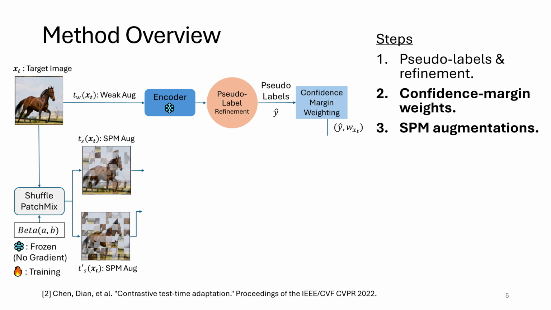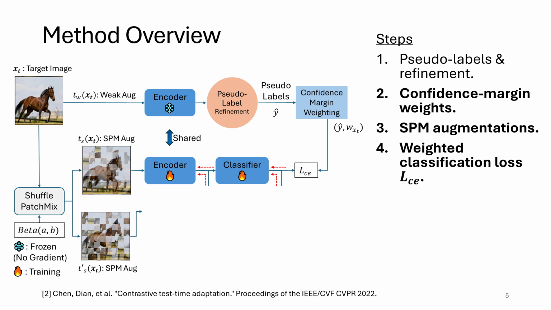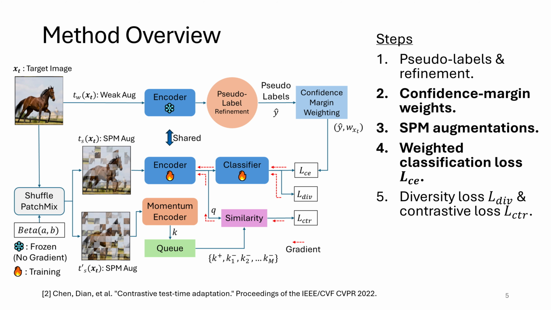Next, we apply our shuffle patch mix augmentation to generate two strongly augmented views of the target image. These augmentations are then classified using weighted classification loss, which incorporates both the pseudo-labels and their associated confidence margin weights. Additionally, we use two losses: the diversity loss and the contrastive loss.